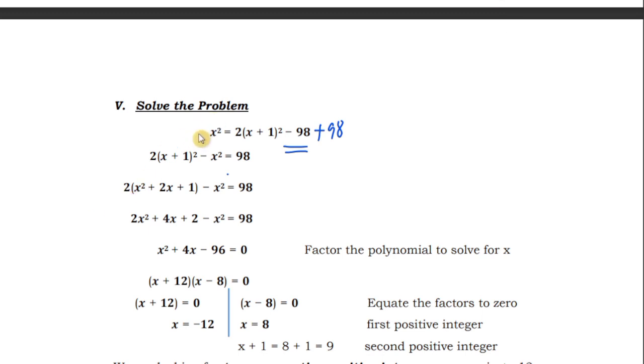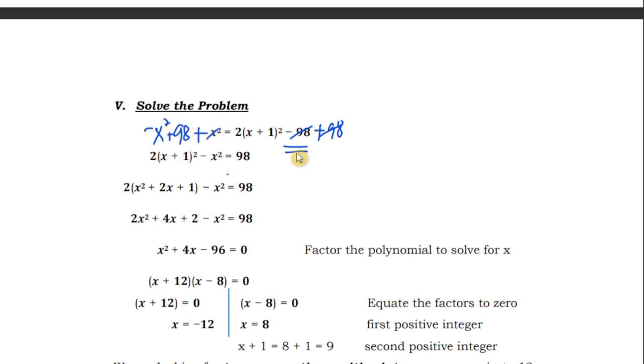So this one makes it 0. To eliminate this on the left side, we are going to add negative x squared.